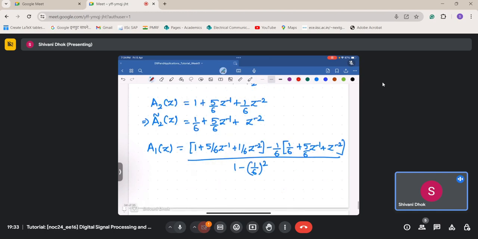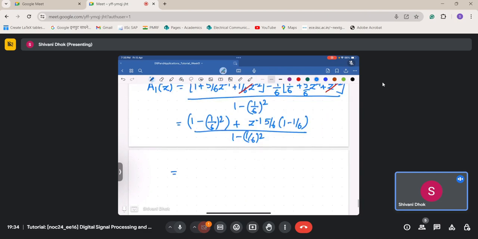Now if you observe, the 1 by 6 z to the power minus 2 term gets cancelled. What we are left with is 1 minus 1 by 6 square, plus z inverse into 5 by 6 minus 1 by 6 into 5 by 6. I can take 5 by 6 common, giving 1 minus 1 by 6, divided by 1 minus 1 by 6 square.